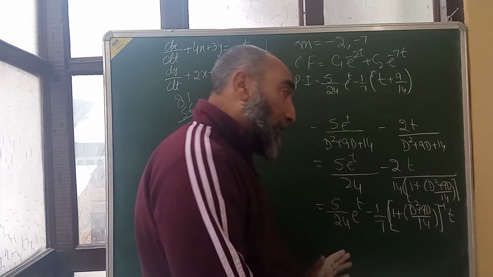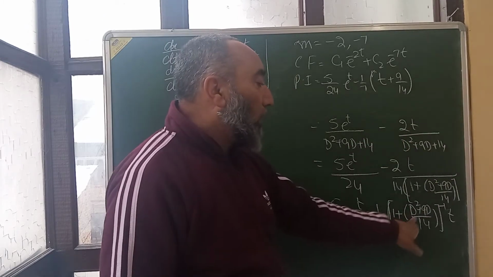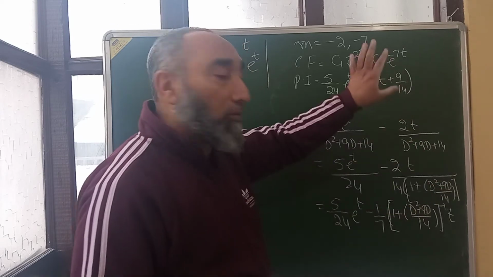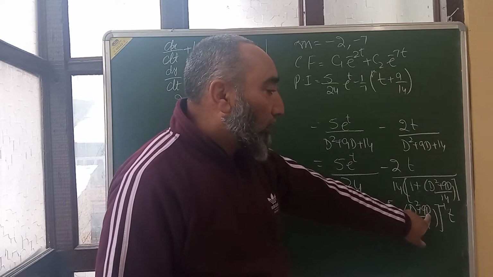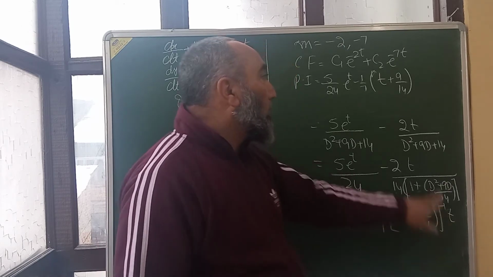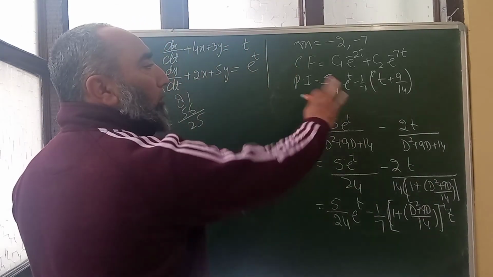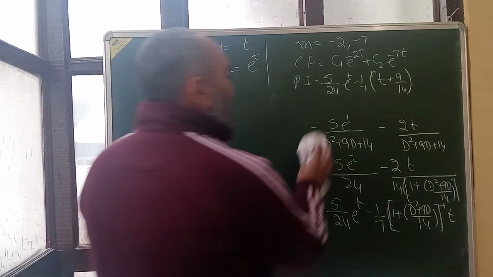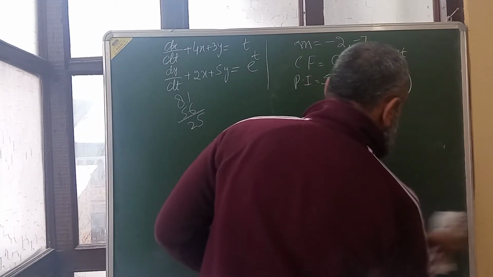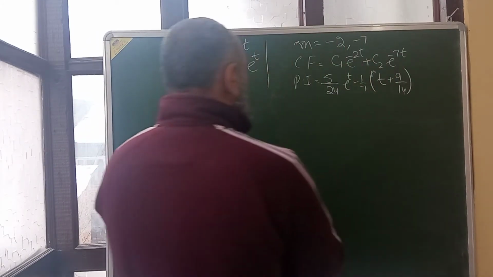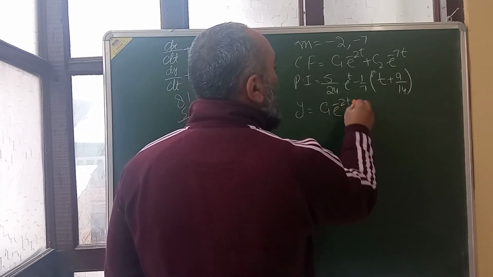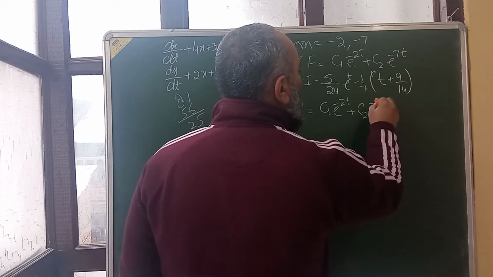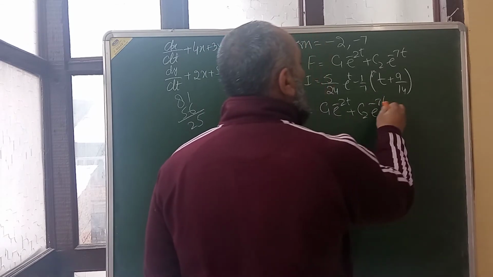It is 1 minus x plus its square. Its square will be square of everything, higher powers of d. What remains is only one term, which is 9 by 14 of d. And d operating on t, it is 9 by 14 only. So this is your particular integral. What is then y? Your y is CF plus PI.